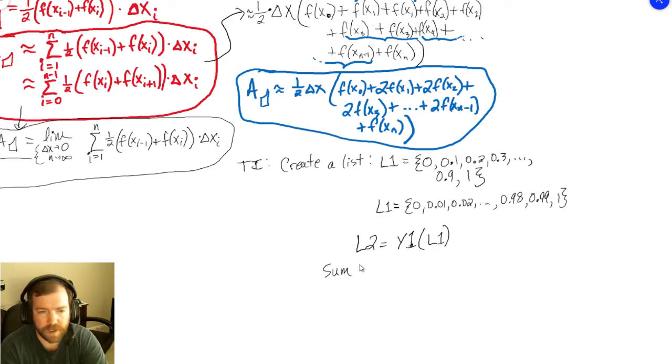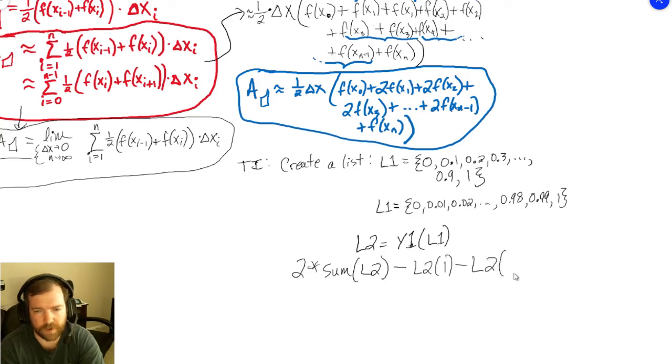You could probably do this as the sum of L2 multiplied by 2, but then we have to get rid of the first and last. So we have to subtract off L2 element 1 and L2 element n plus 1.